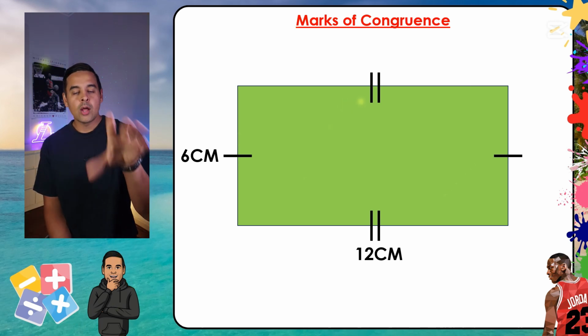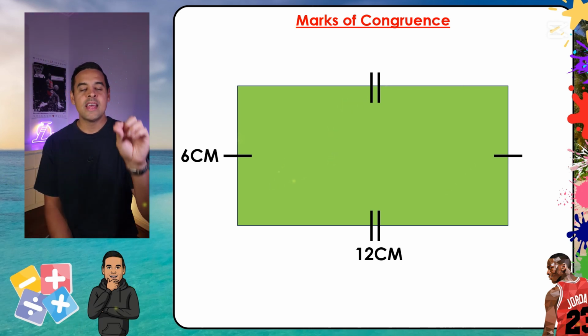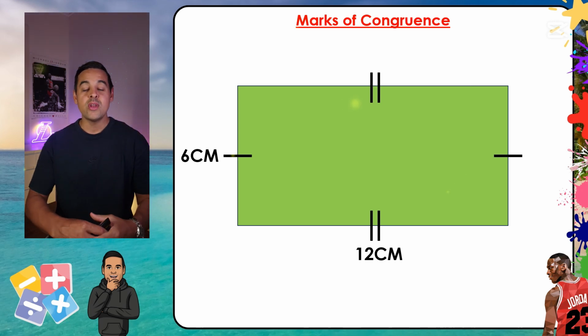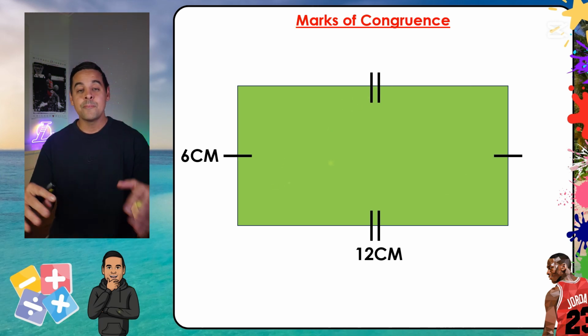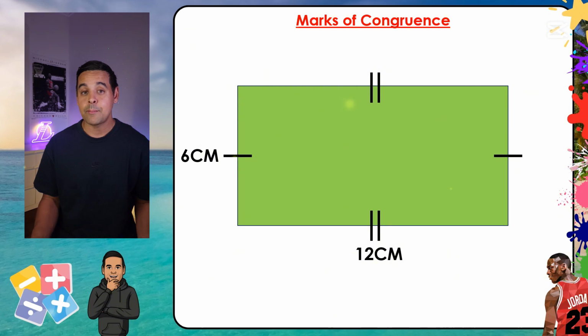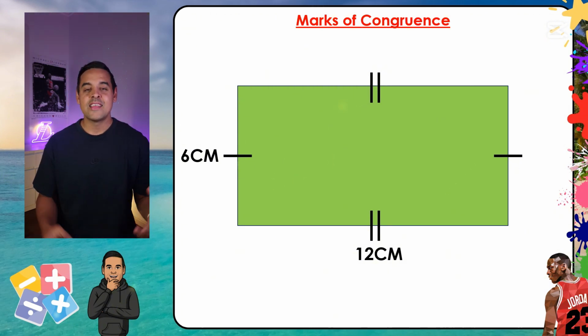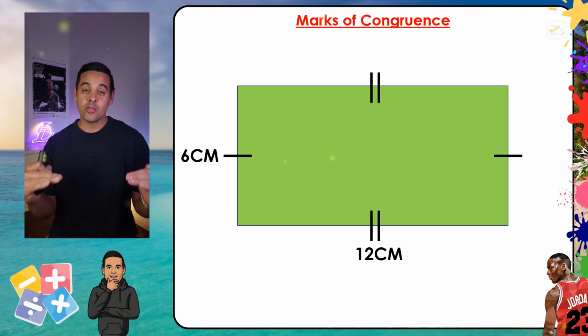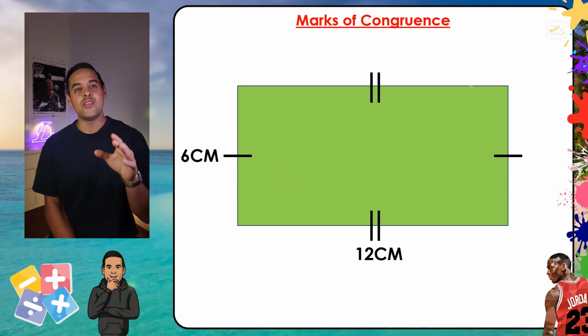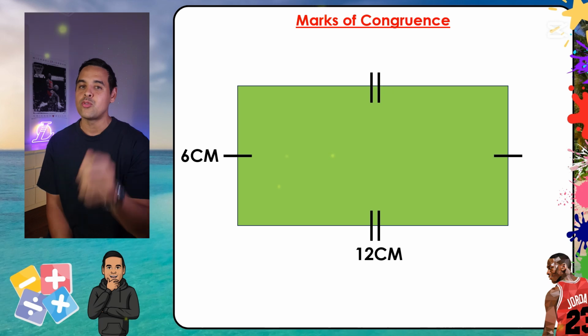So, let's start with the 12 here. You have 2 lines here, so now you need to look to the other edges which do not have a number but also have 2 marks of congruence. So that is going to be the one parallel on top. And now you can see that is also going to equal 12.